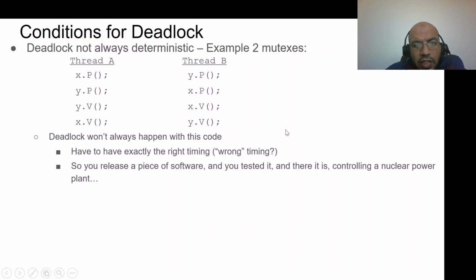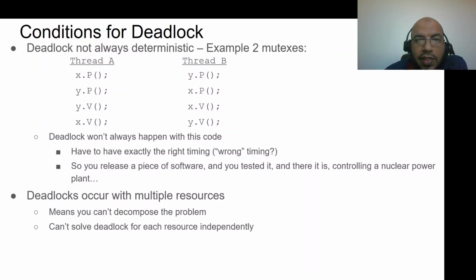You have to have the exact wrong timing, basically. So it might be that, for example, in a nuclear power plant, you're not going to leave it to chance, right? You want to make sure that your code in that case is very well tested, and every single possible scheduling has been taken care of.